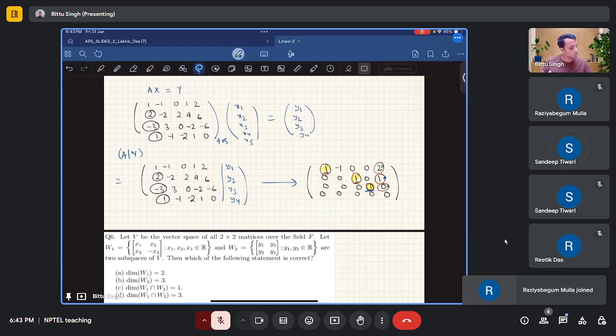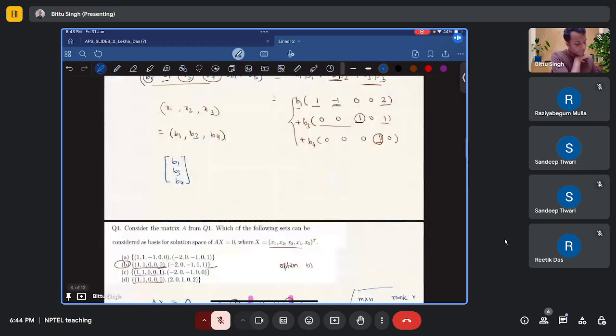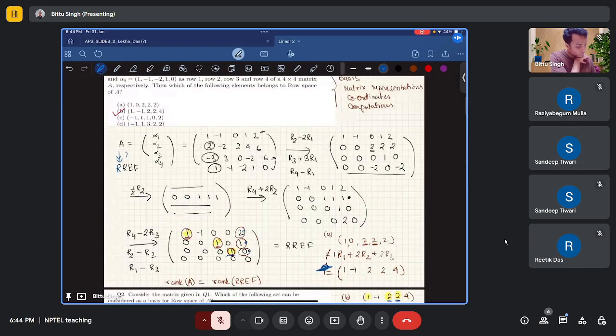But the question is, what will be the form of the next thing, the additional extra row? So if you again perform the same operations, let us perform those operations. So let me copy those things.